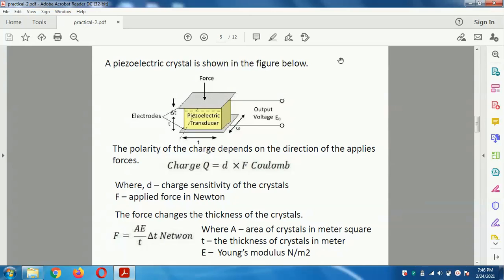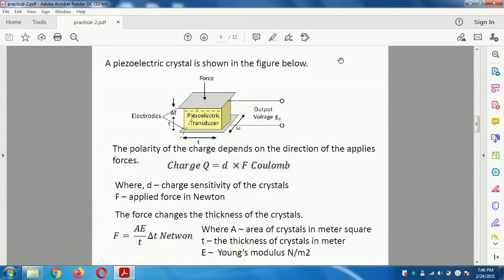This diagram is self-explanatory. The piezoelectric crystal is shown in the figure. In this diagram the piezoelectric transducer is placed in between two electrode materials, and the force is applied on the material.